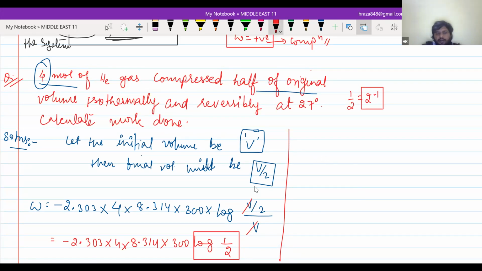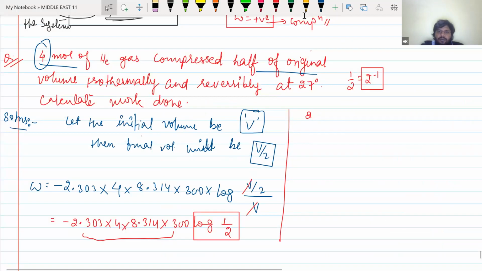So I'm going to multiply this first. 2.303 into 4 into 8.314 into 300 will be almost equal to 22,976.5. Then into log 1 by 2, which I am going to write as 2 raised to the power minus 1.